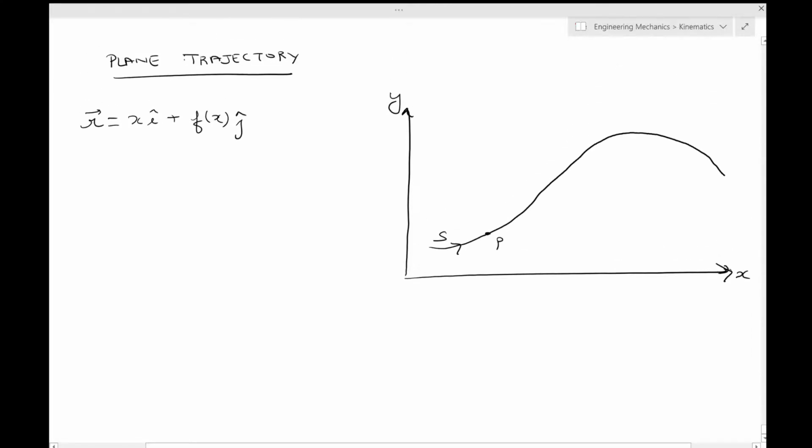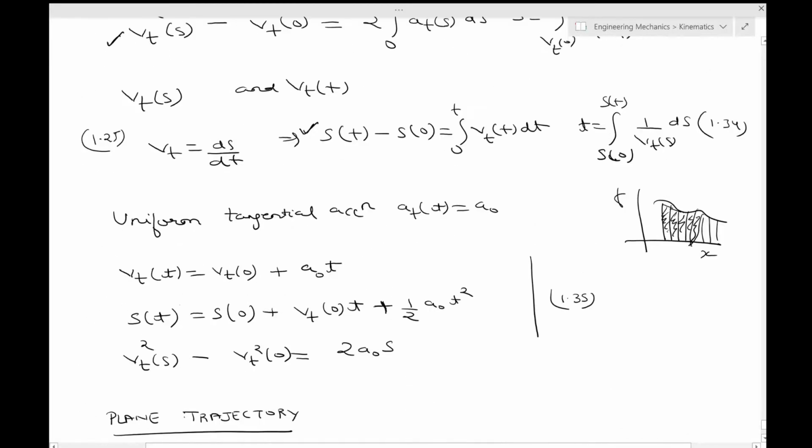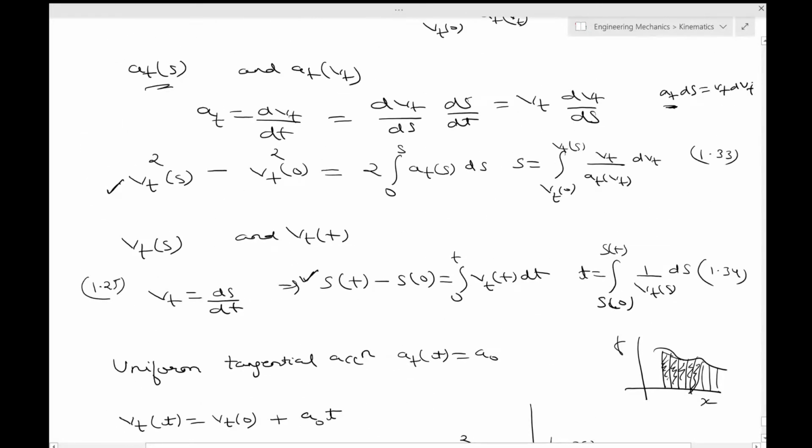So for this particular case, rho is obtained by putting tau equal to x in 1.31. 1.31, if you remember, was rho is equal to this one. Where did it go?